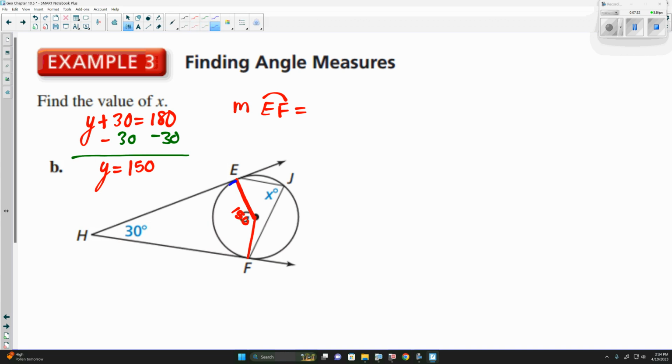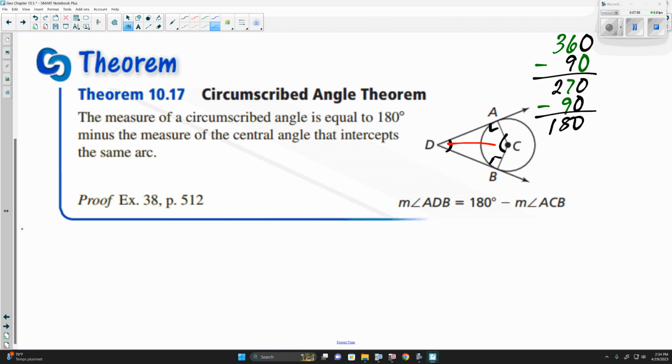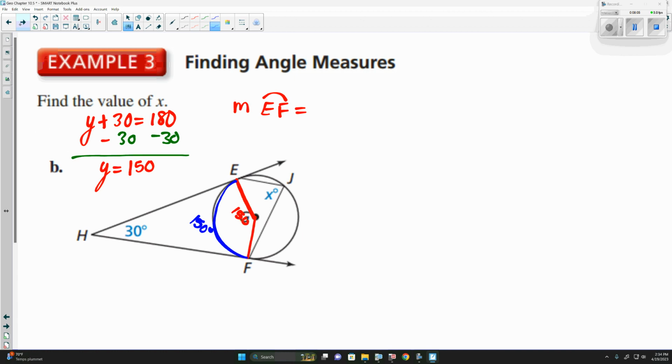What is the measure of this arc here? Because the central angle is going to have the same measure as its connected arc. Or, the theorem actually says it itself, the measure of a circumscribed angle is equal to 180 degrees minus the measure of the central angle that intercepts the same arc. So that should also be 150.